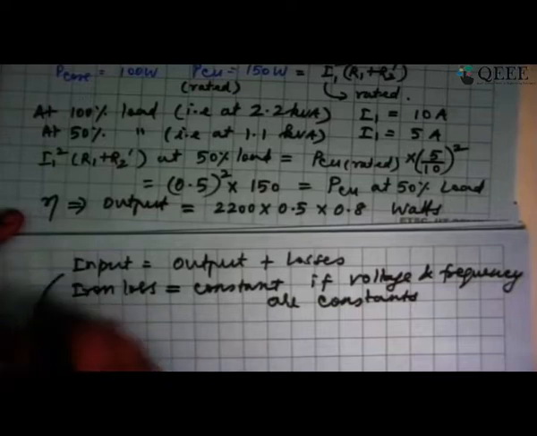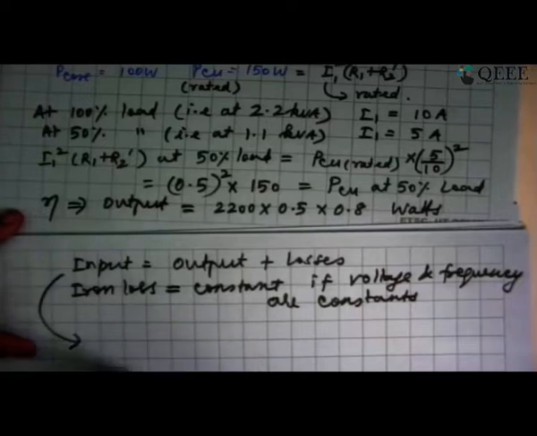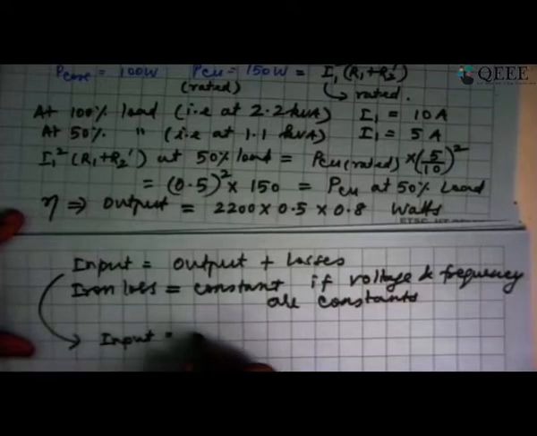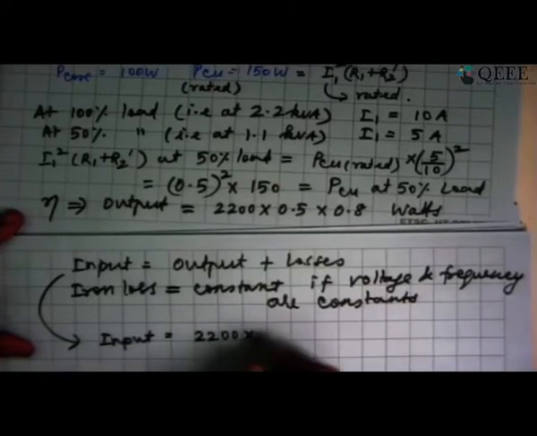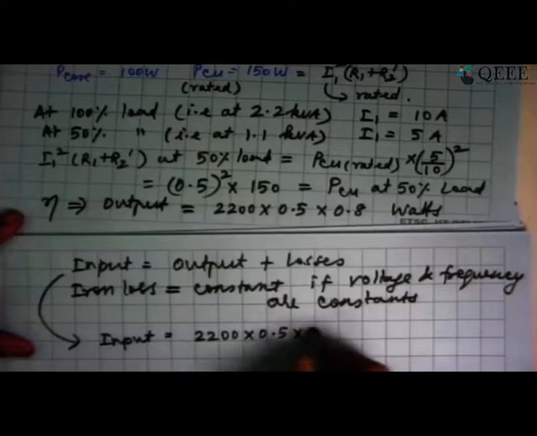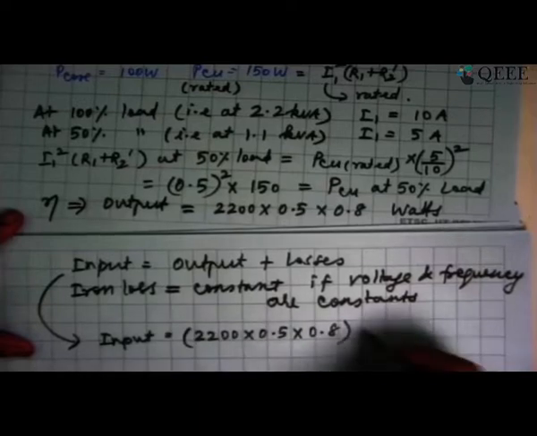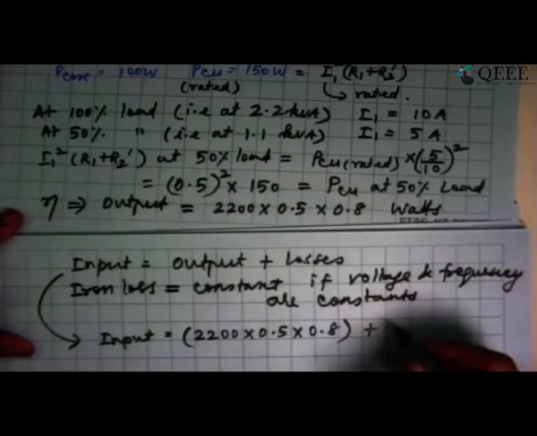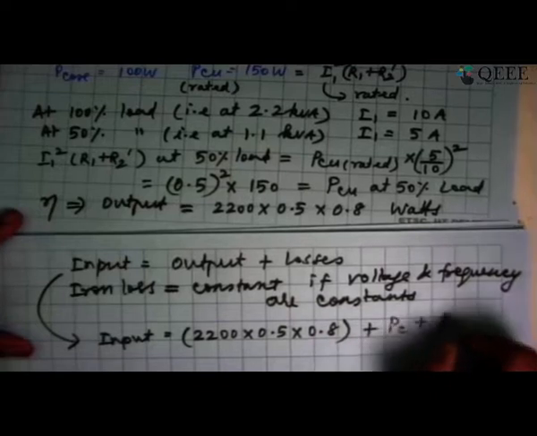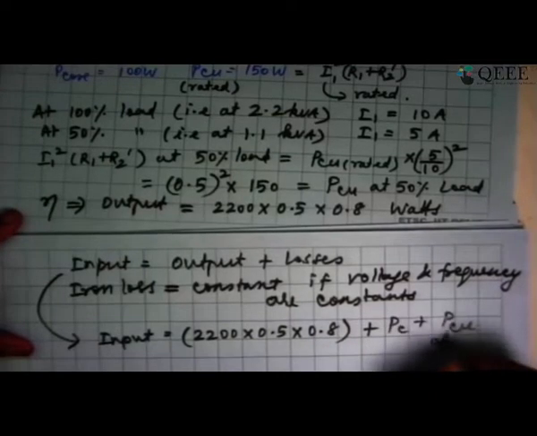So let me calculate input, which is equal to output, that is 2200 multiplied by 0.5 multiplied by 0.8, plus losses, so that is PC plus PCu at 50%.